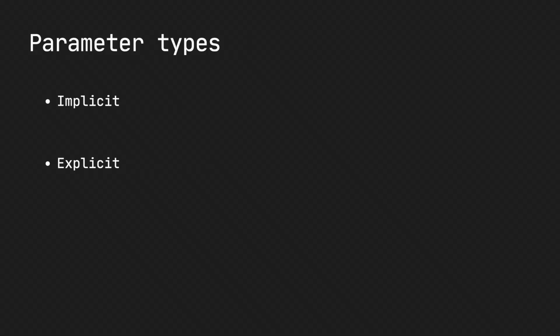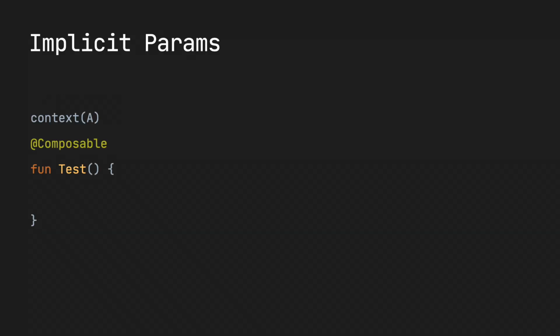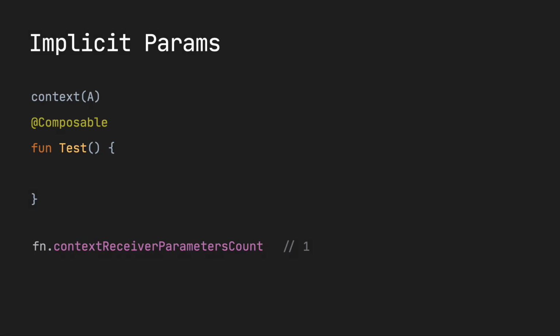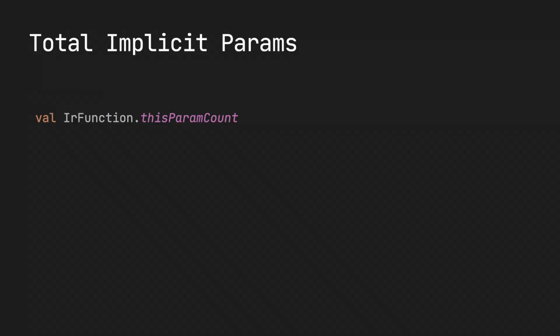There are two types of parameters, implicit and explicit. Implicit parameters are things such as context receivers. You could get the context receiver count just like this from an IR function type. What the compiler plugin does is that it creates an extension to get the total parameter count.